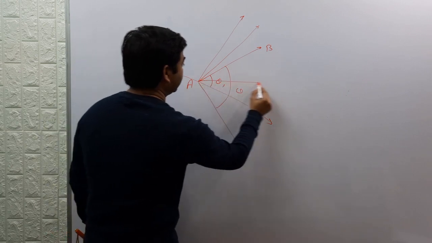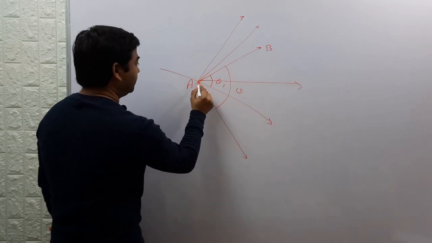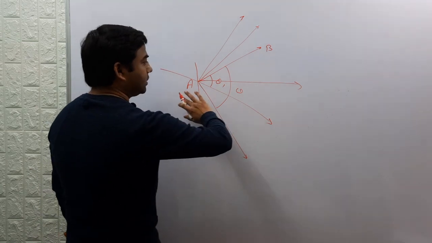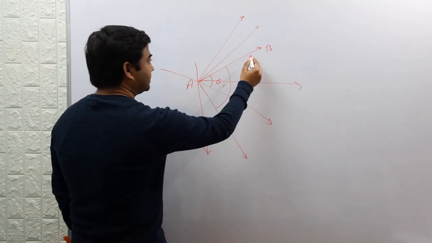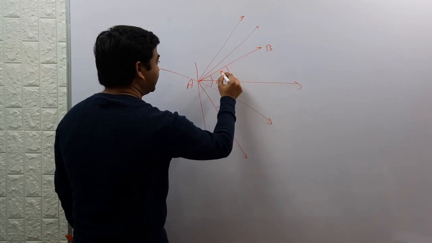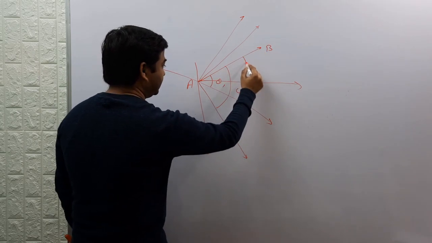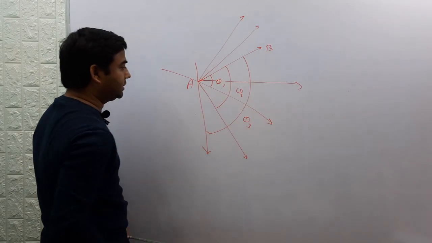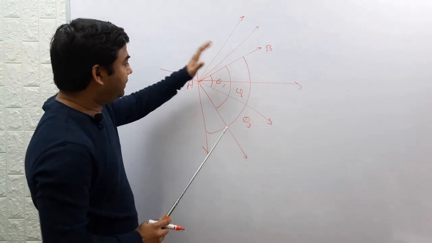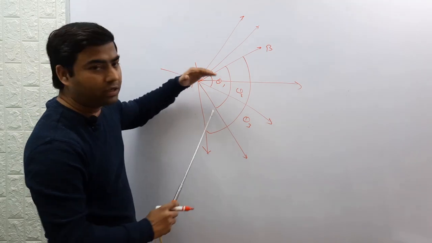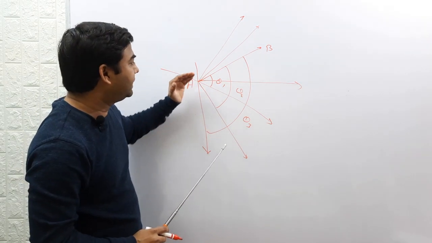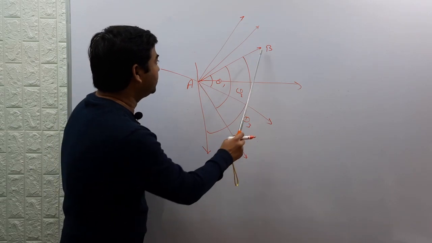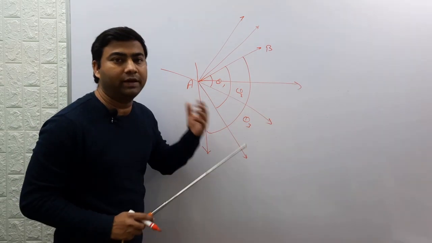Similarly, you can have infinite number of combinations of perpendicular directions into which this vector can be divided. This is theta 2, this is theta 3. So there will be infinite number of perpendicular axes where the component of AB can be divided.